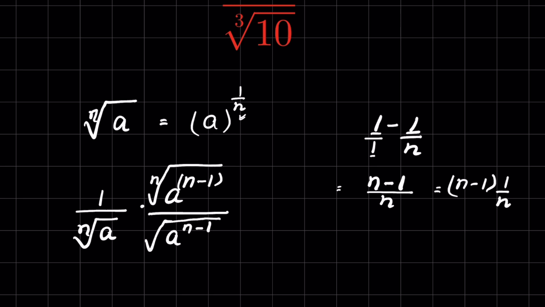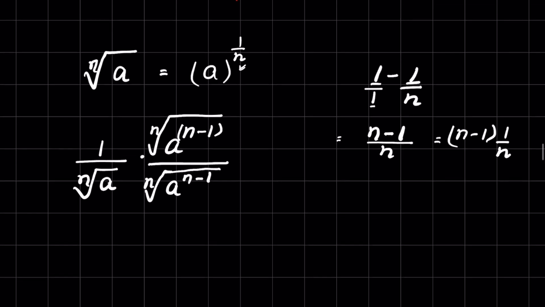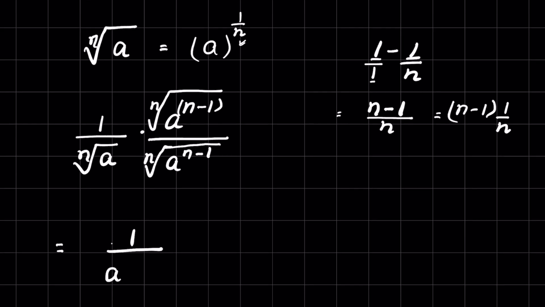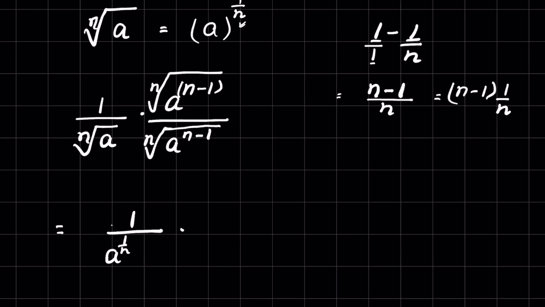When we multiply and divide it by nth root of a raised to the power of n minus 1, what will happen? In the denominator, this means a raised to the power of 1 upon n times nth root of a raised to the power n minus 1, which is a raised to the power n minus 1 upon n.